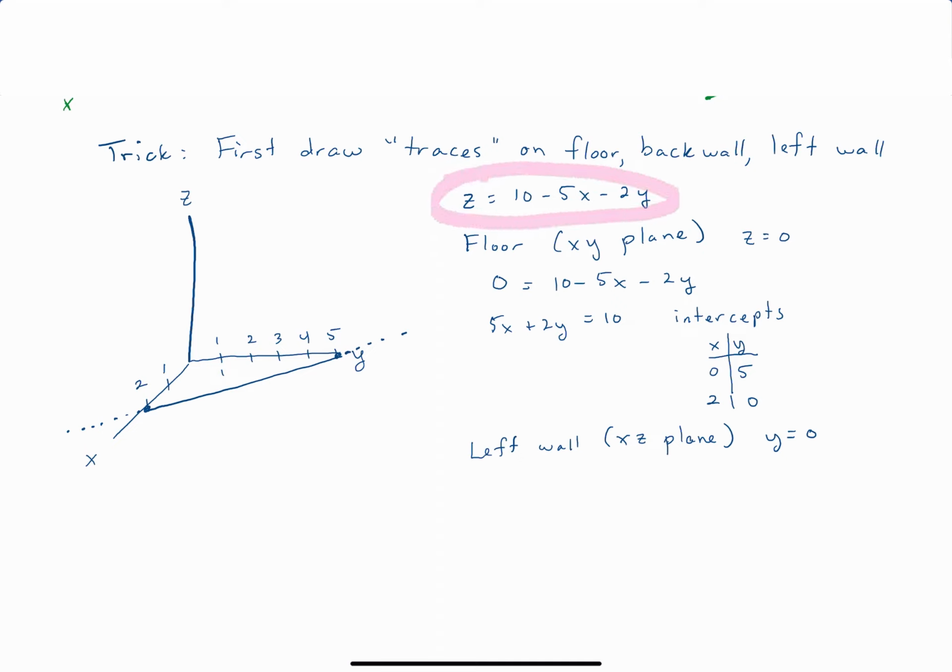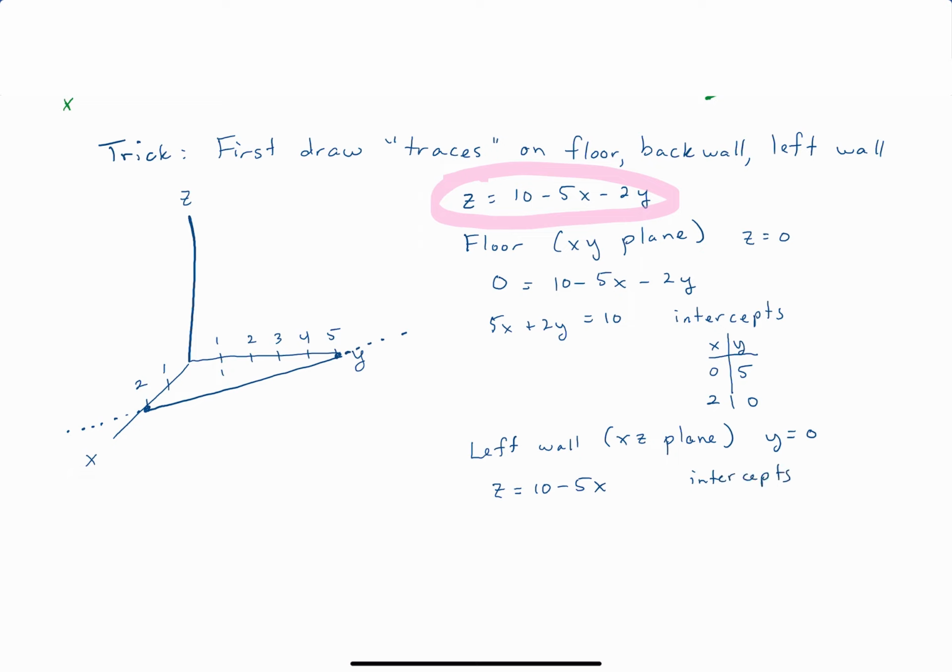So if I put a 0 in for y in my original equation for the plane, z equals 10 minus 5x, and the y is gone now because I put a 0 in for y. What does that look like? Again, I'm going to use intercepts.